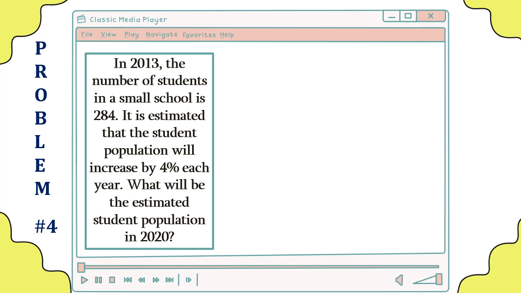Again, it's an application of geometric pattern. Now, let's find out the common ratio here. As stated, we have the clue that the first term is 284. And based on the pattern, the student population will increase by 4% each year.